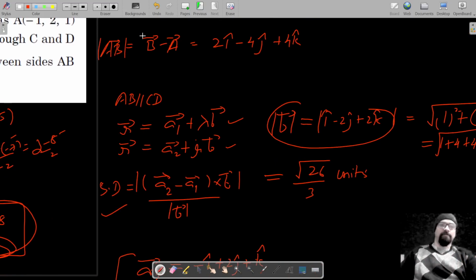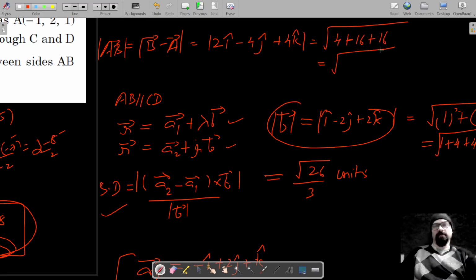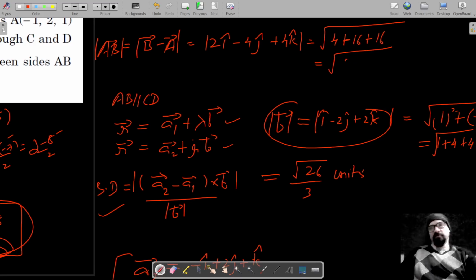And let's find out its magnitude, which is 2 square is 4 plus 16 plus 16, which is 32 plus 4 is 36, which is equal to 6.